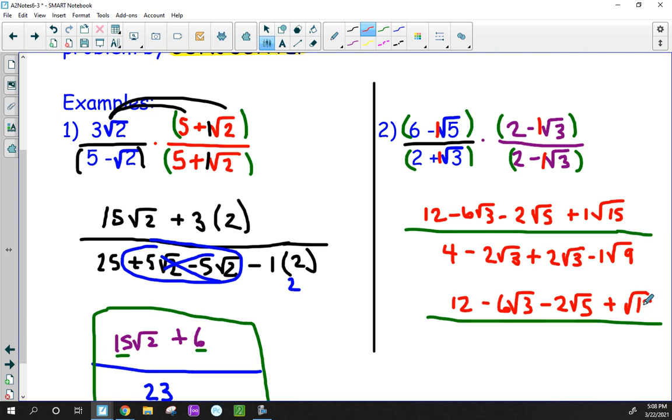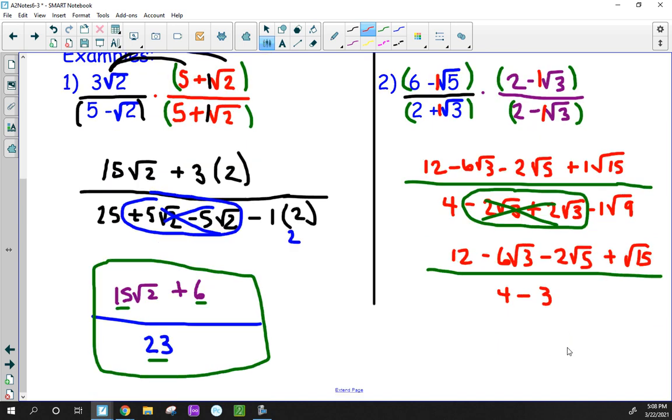Let's go to the denominator now and notice again that the inside terms are like radicals. They have the same index and the same radicand. Negative 2 plus 2 is 0. It's gone. I dropped my 4 down. Minus, this says square root of 9. Square root of 9 is just 3.